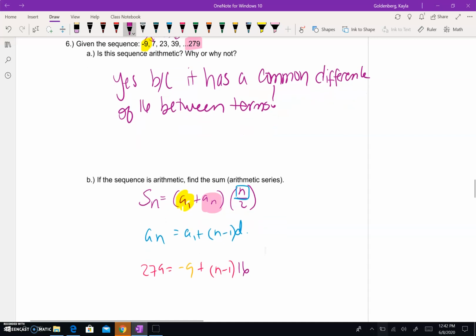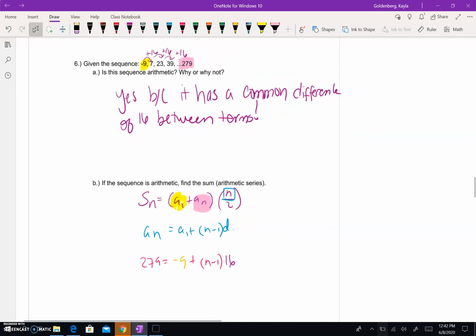So from here, if I assume that 279 is a specific term, I can solve for what number term that is specifically. So we'll go ahead and do the algebraic solving for the term number. Then once you have that, I want you to plug it into your formula along with your other pieces of information that we already had.